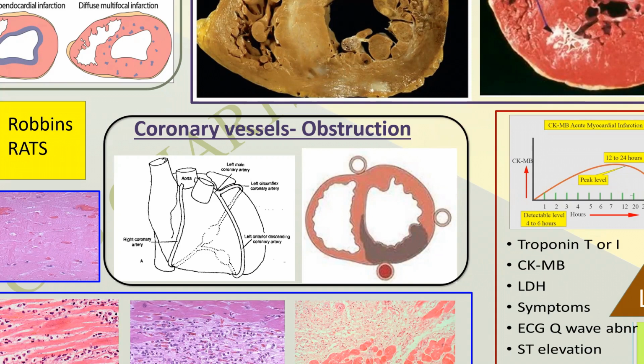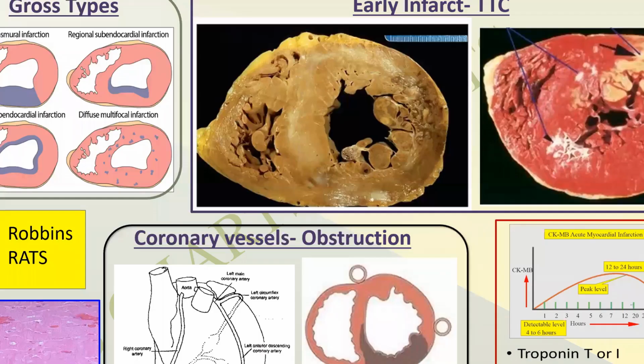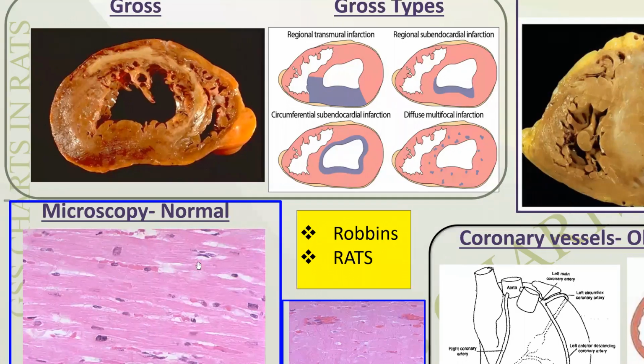With this, I shall be taking you to the gross picture of myocardial infarction. Look at this one. This is a slice of the heart showing the ventricles. So this is the left ventricle and this is the right ventricle, and this is the interventricular septum.